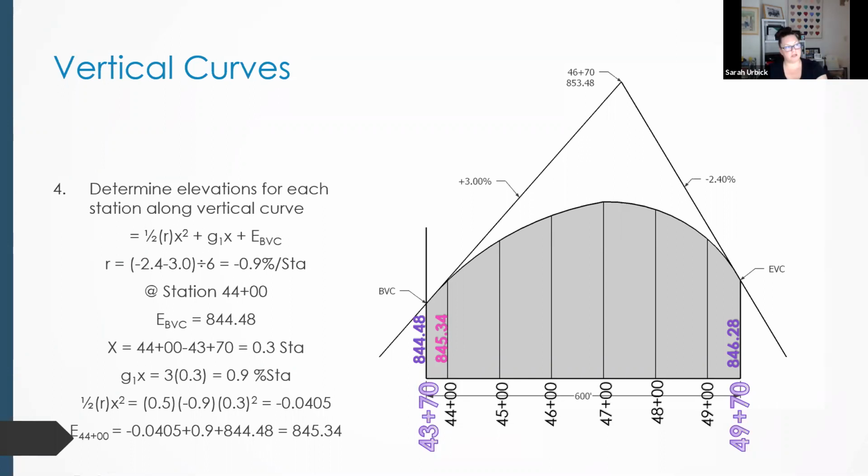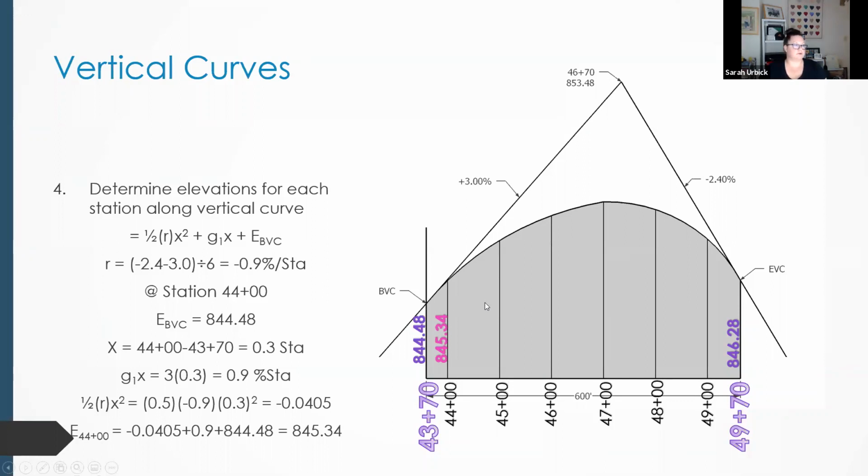But what if we're starting in the middle at our point of known elevation and going backwards? We know our station here is 300 feet from our beginning of vertical curve. Our slope is 3 feet for every 100 feet horizontal. So from this point here, every 100 feet I go, I'm going to go up 3 feet.